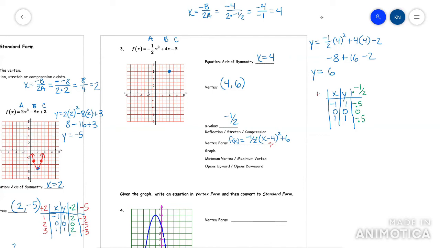So I'm going to add 4 to my x's. Then the last one's this plus 6. It's affecting my y values. So go and add 6 to these numbers. Now you can graph this line using these coordinates.